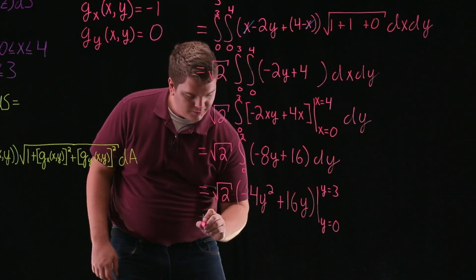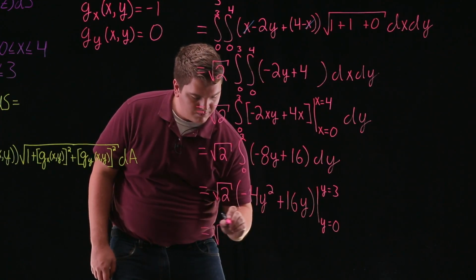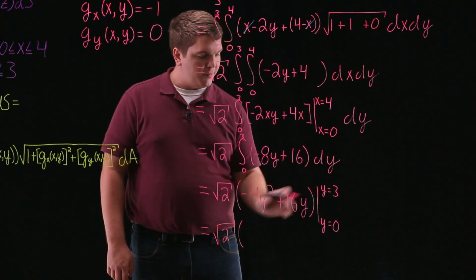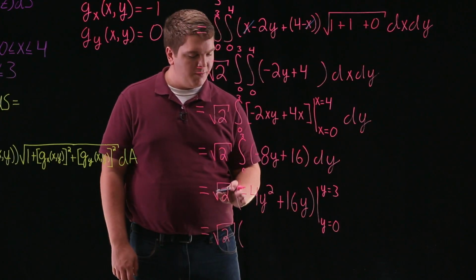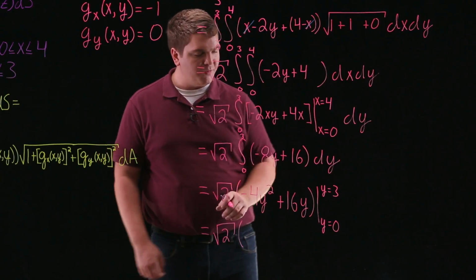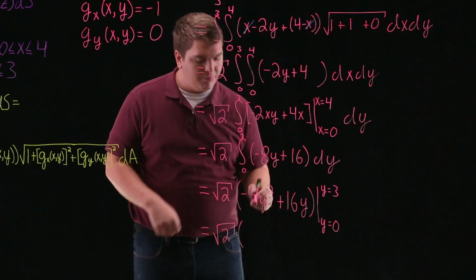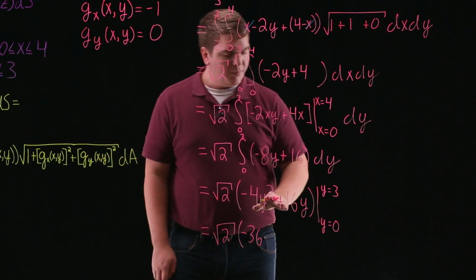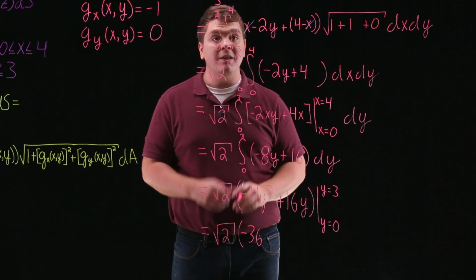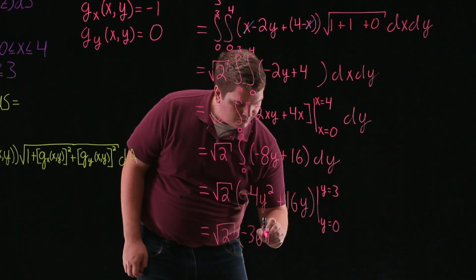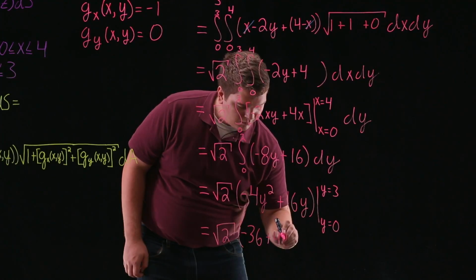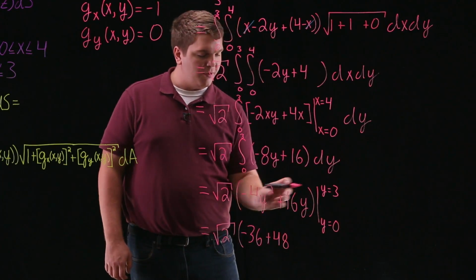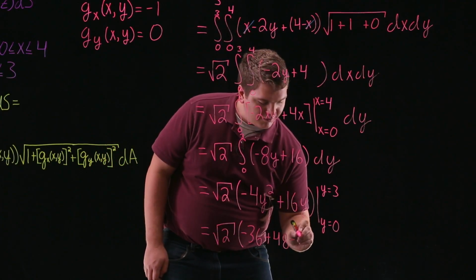So what we're going to have is square root of 2 times, well, if we substitute y equals 3 in for y, we'll have negative 4 times 3 squared, or negative 4 times 9, which is negative 36, plus 16 times 3, which is 48, and if we substitute in y equals 0, we're going to have 0 plus 0, so I'll be subtracting off 0.